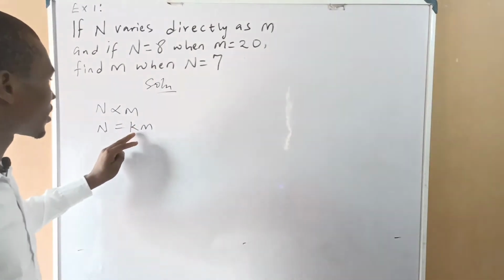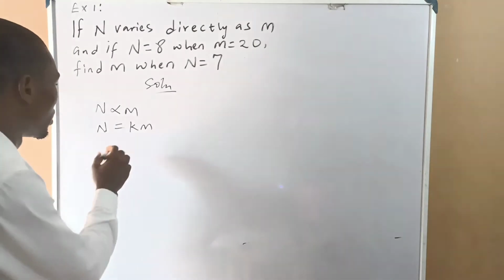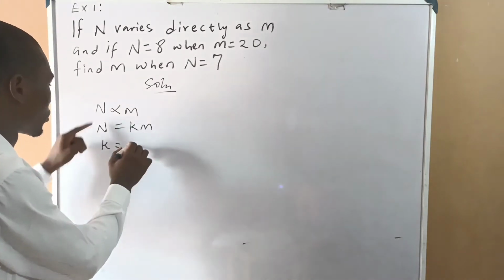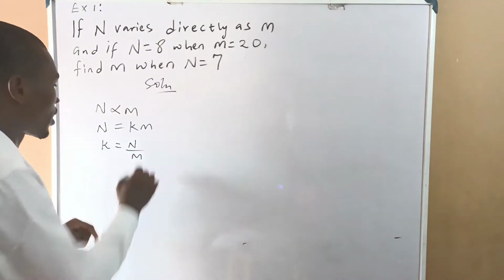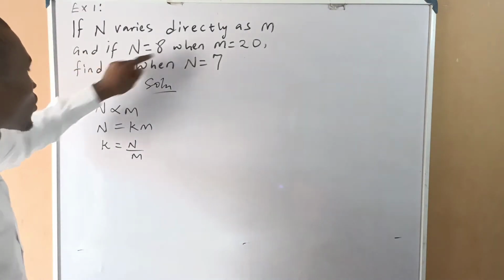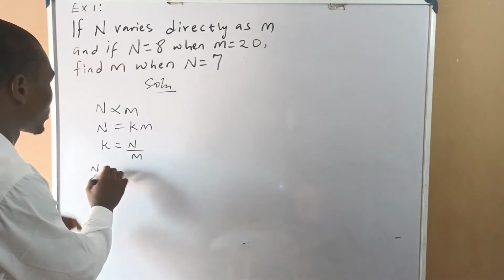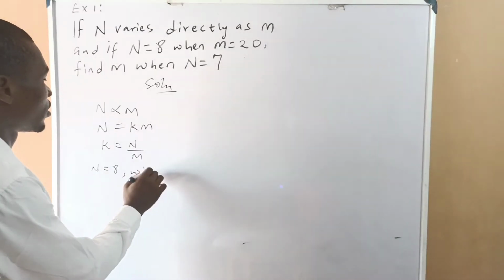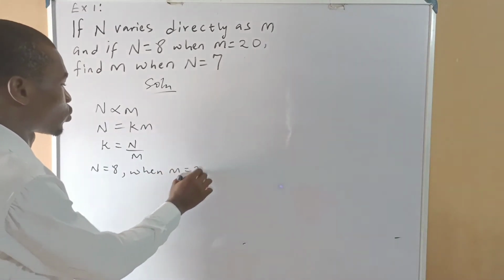So making k the subject of this formula, we then have that k is equal to n over m. Now they told us that n is equal to 8 when m is equal to 20.